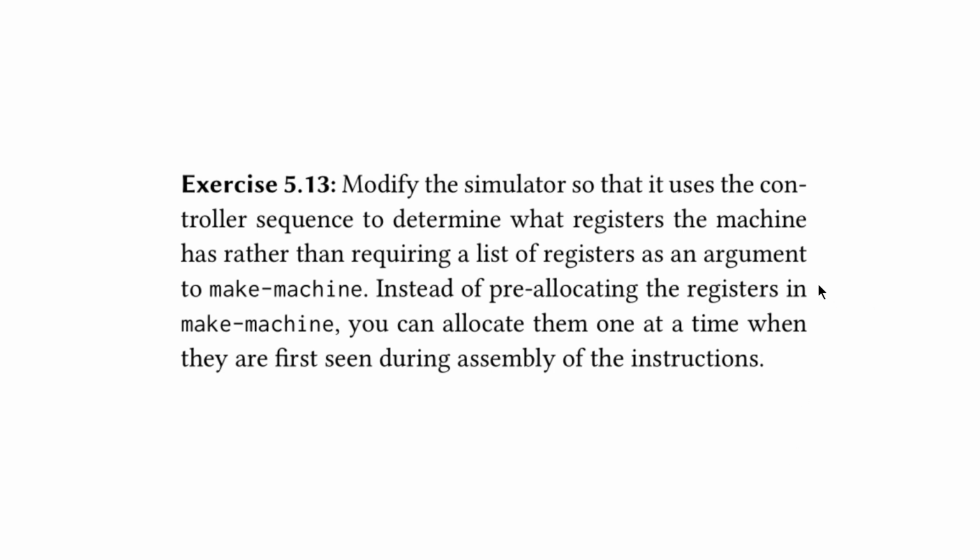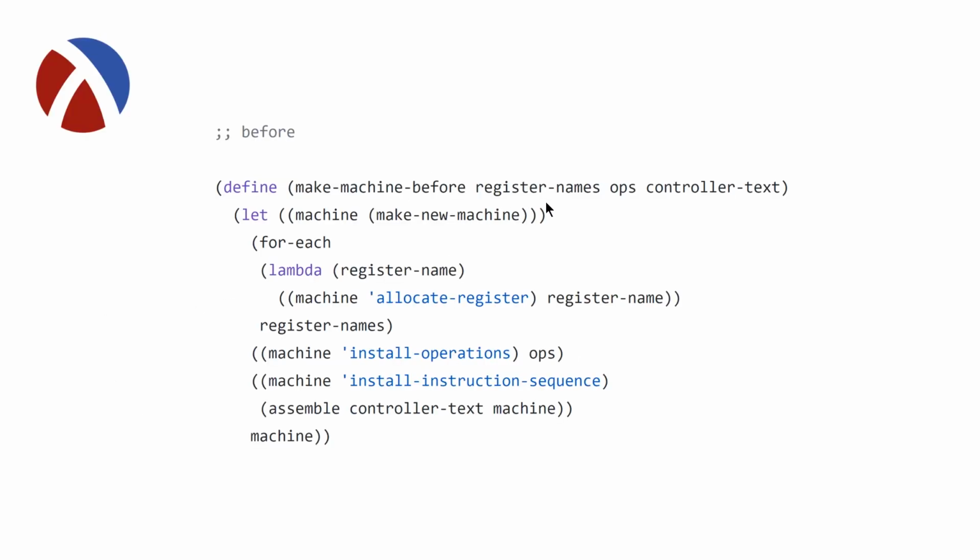So I'm not sure I solved the latter half of this question. The main part that I wanted to solve was basically getting rid of the register names argument. So here is our original make machine, and I've labeled it before because it takes the register names, ops, and controller text. But the question is basically stating that in our machines or controller texts, we can infer what the names of the registers are.